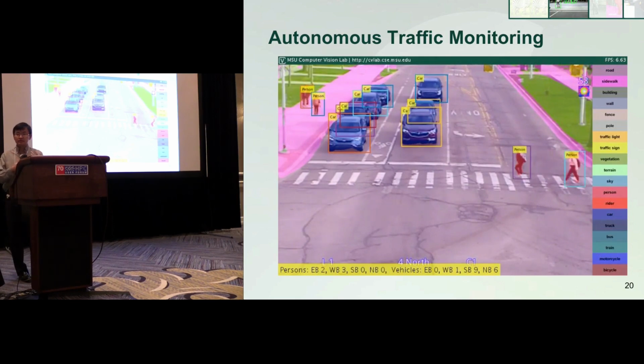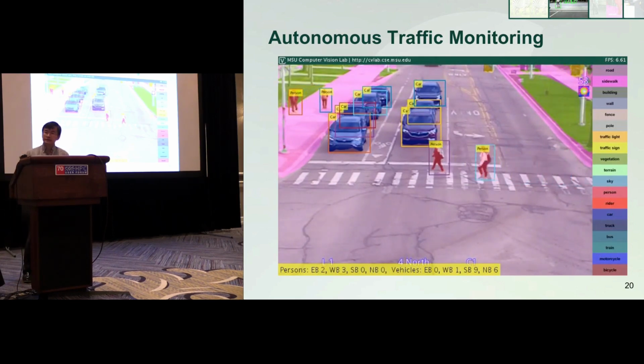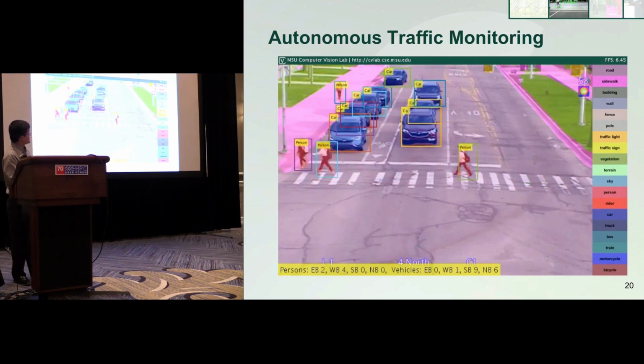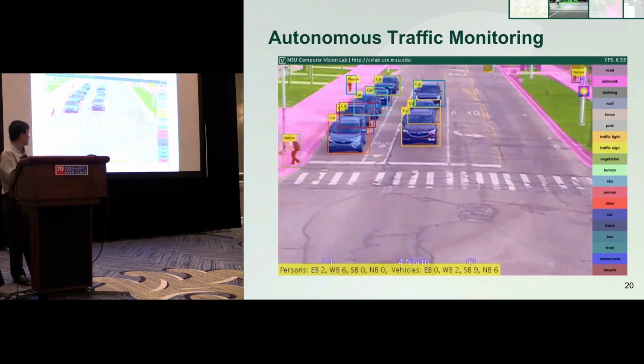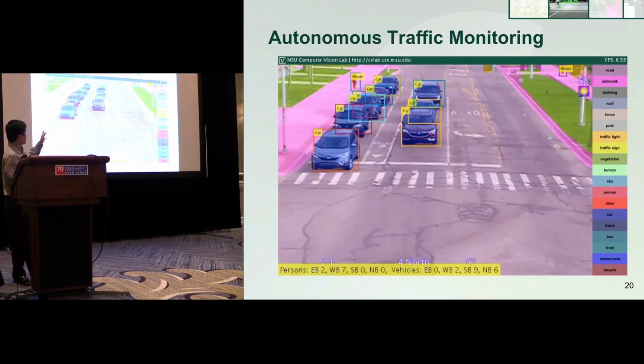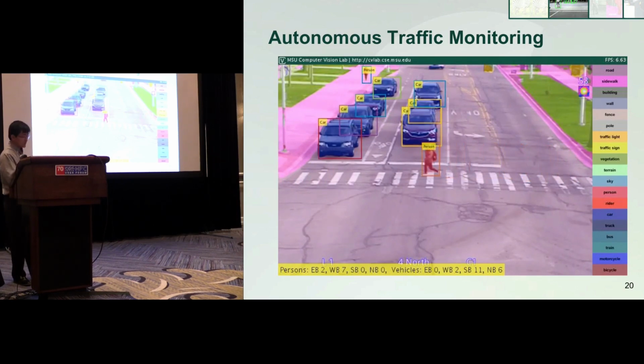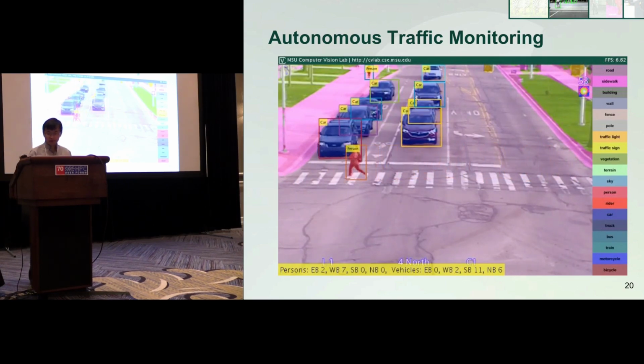So these are detection, tracking, and counting for every single person. The system can run about 6 to 10 frames per second on a single GPU. This was a little bit of an old result, so right now the speed can be even faster. This could be fairly useful for traffic monitoring.